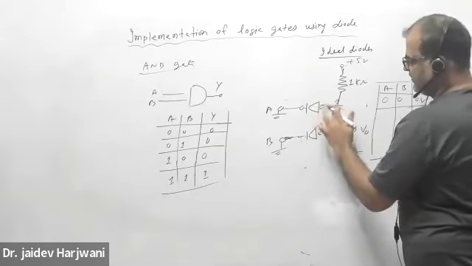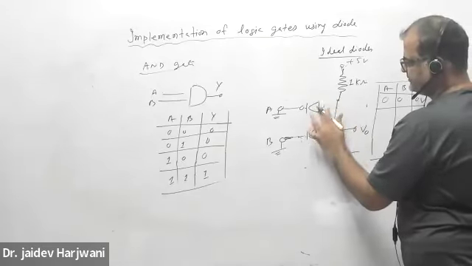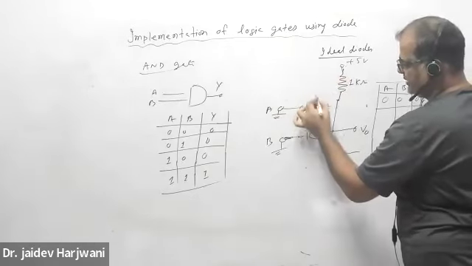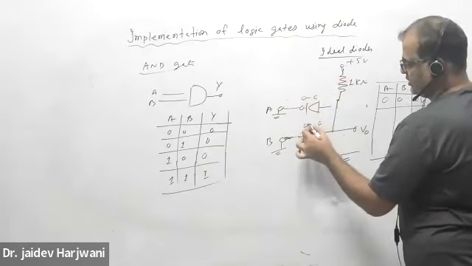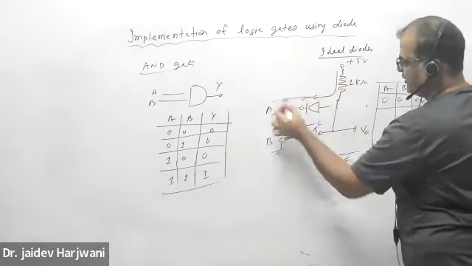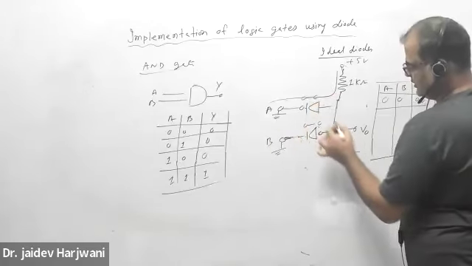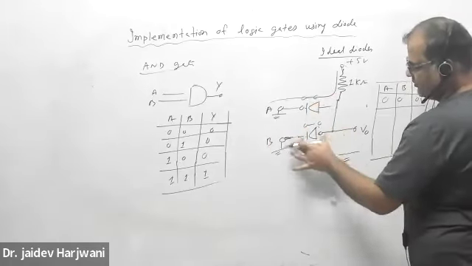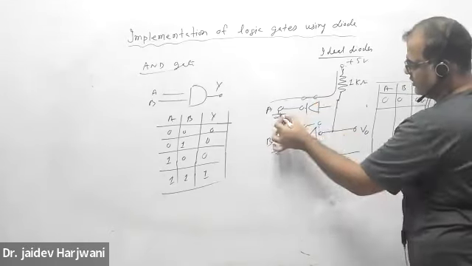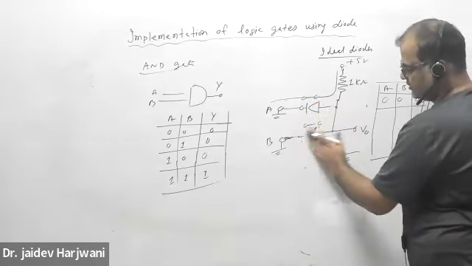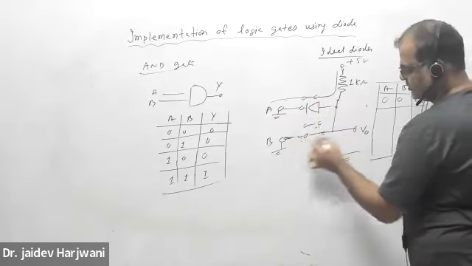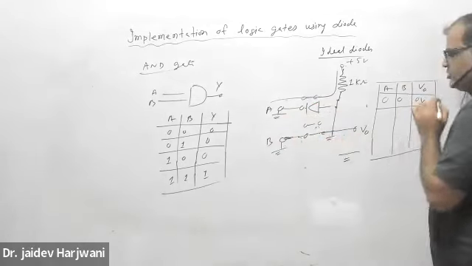If this circuit becomes complete, this becomes short, so current will go from here to here. No current will go here, so there is no drop. This is short, so this becomes ground, and your V naught becomes 0 volt.